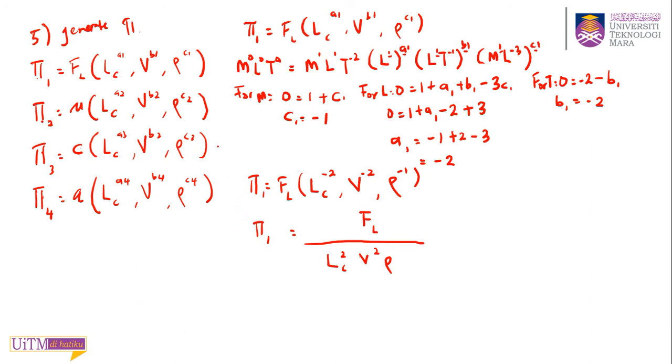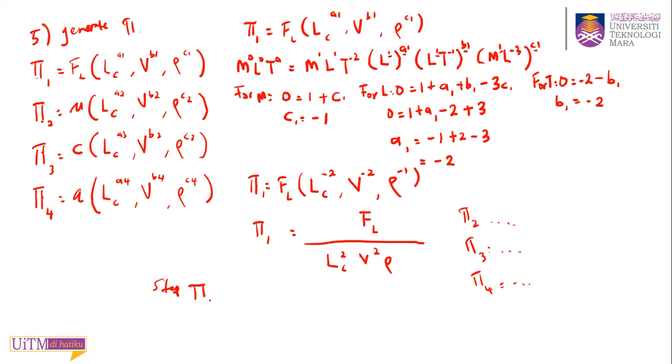Okay, so you have another 3 pi to solve. When you find your pi 2, pi 3, and pi 4, then you can do the last step, step 6.